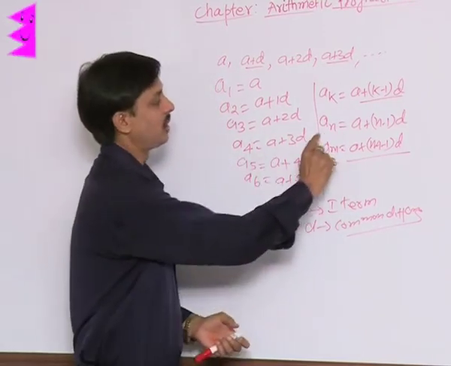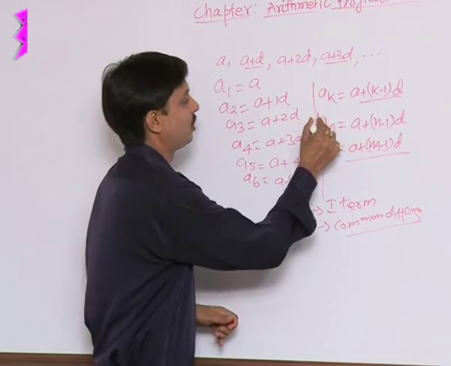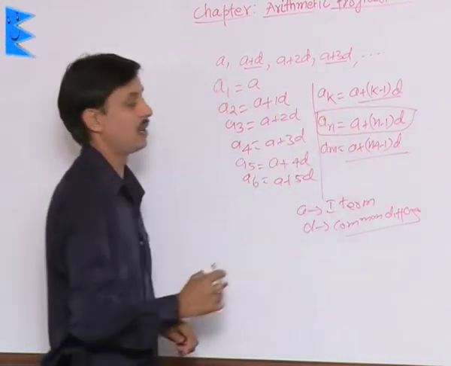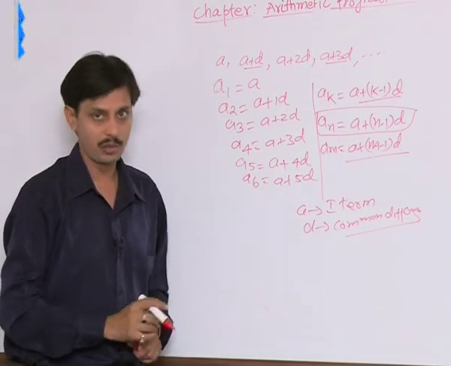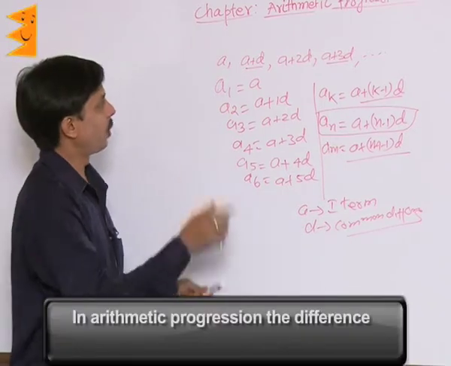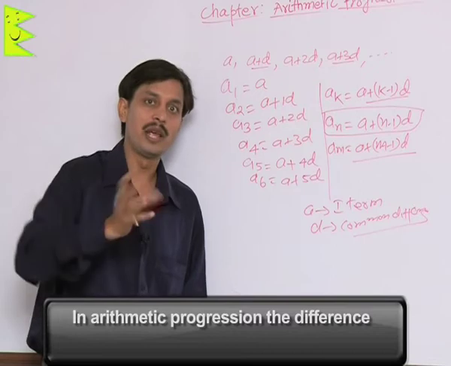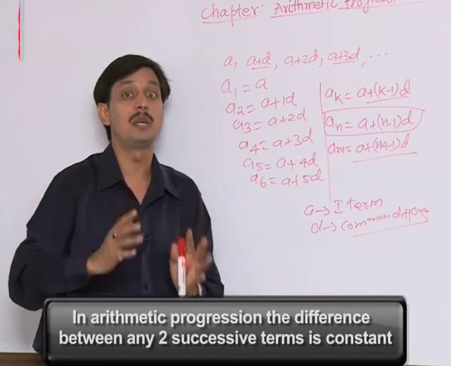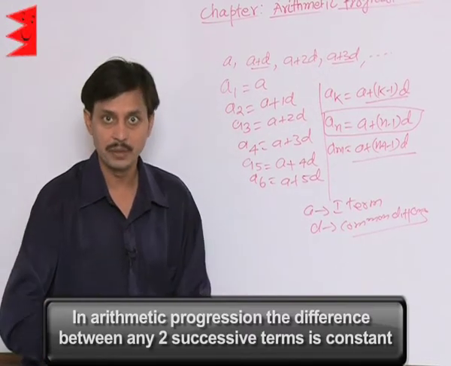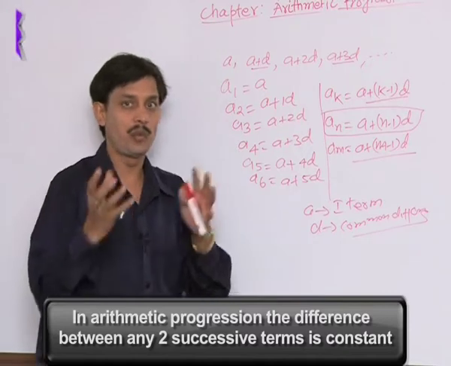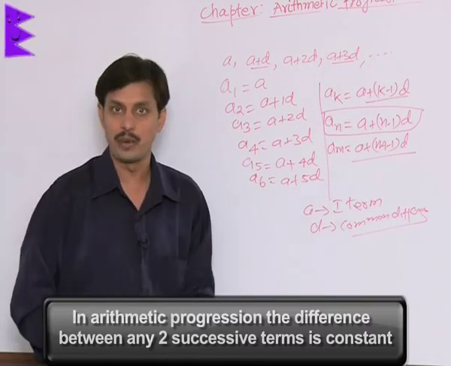So we can conclude here: to obtain an AP, or to check whether a progression is an AP or not, to find its general term, we always apply this formula: An equals A plus (n minus 1) into D. Number one, arithmetic progression is that progression in which the difference between any two successive terms is always constant, and this constant difference is known as the common difference.